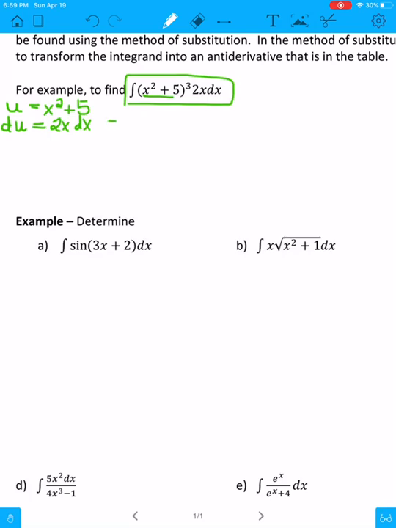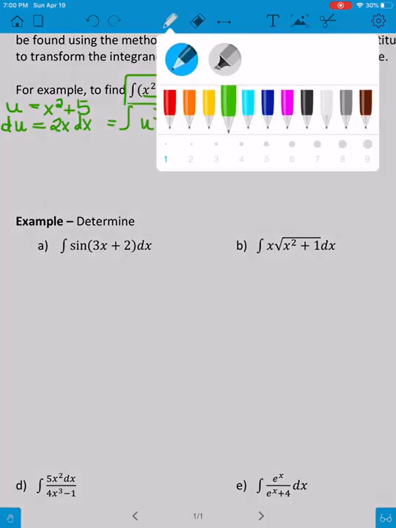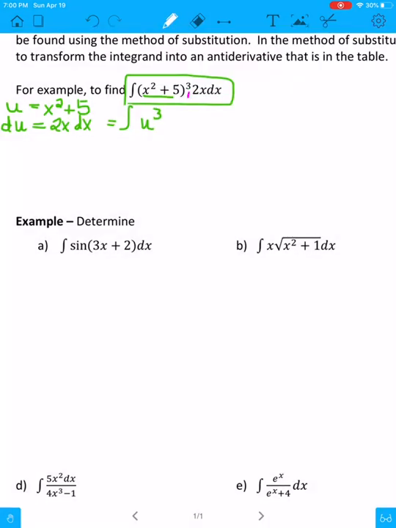So I can rewrite this as u to the 3, because over here I said u is x squared plus 5, and then I can rewrite 2x dx as du. So I just did replacement. Now, are all my x's away? Yes. Do I only have u's? Yep.